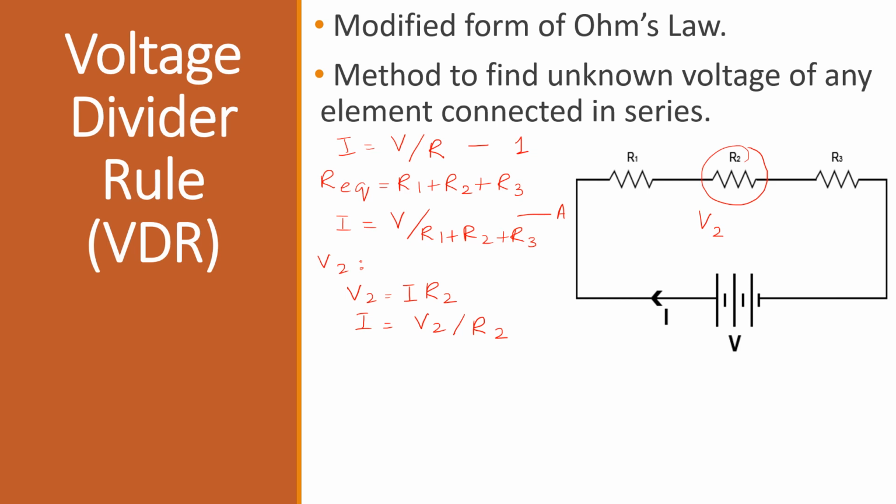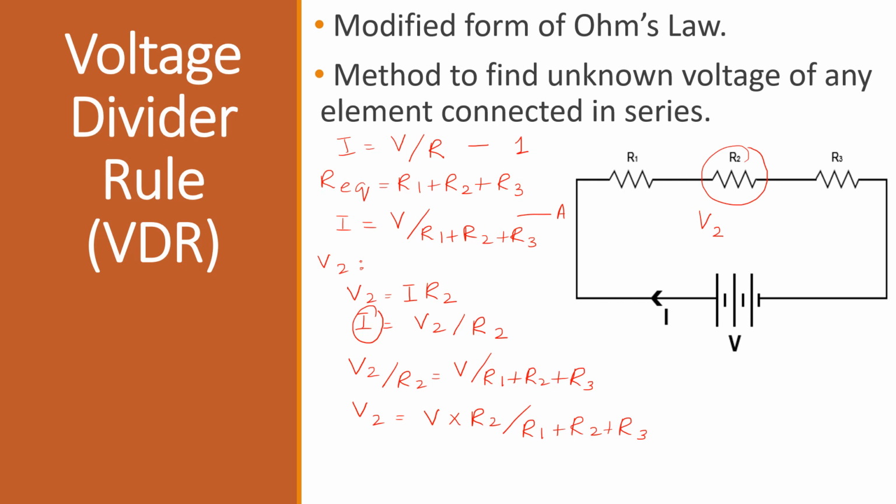Now, by putting this value of I in equation A, we get V2 divided by R2 equals V divided by R1 plus R2 plus R3. By rearranging, we get V2 equals V multiplied by R2 divided by R1 plus R2 plus R3.